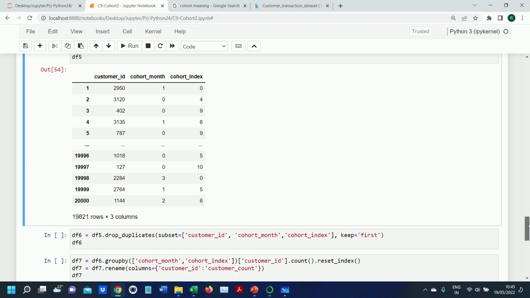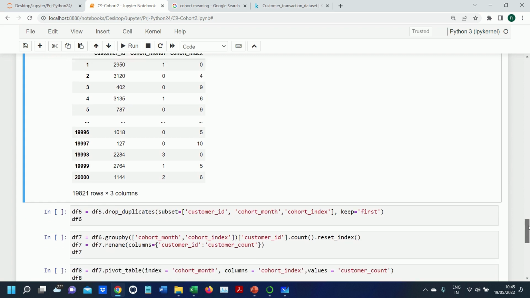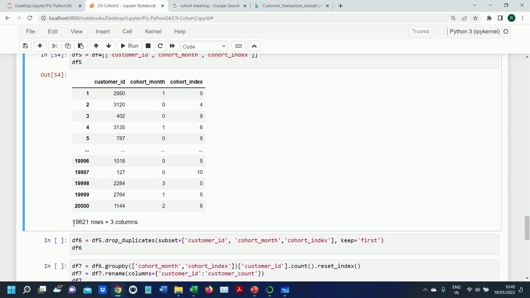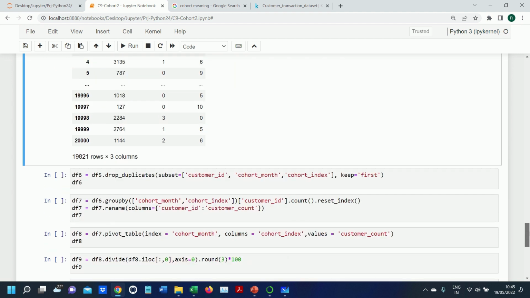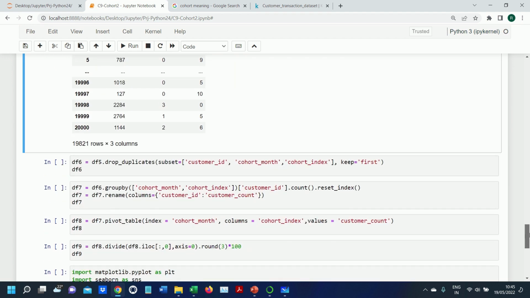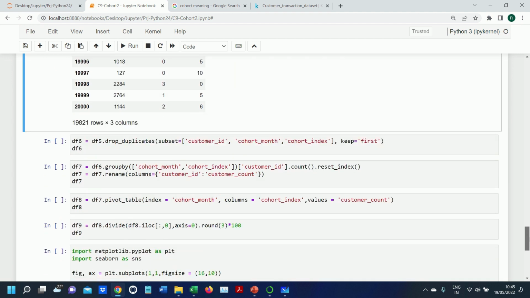We lost the customer. So in these 19,821 rows, one customer might have made multiple transactions in a subsequent month. We need to avoid that, because it is redundant data and may influence our analysis. So let's remove the duplicates.